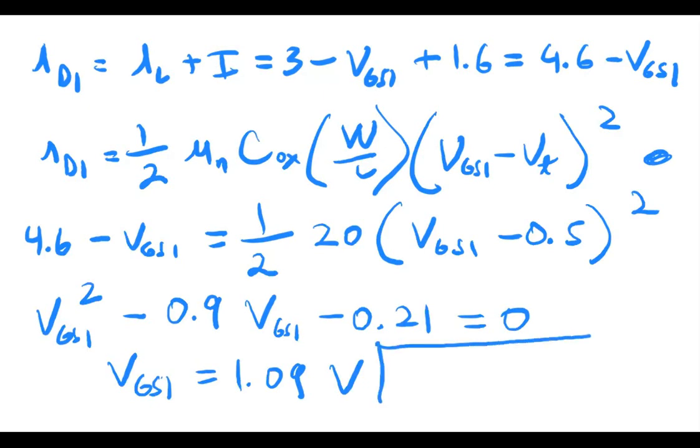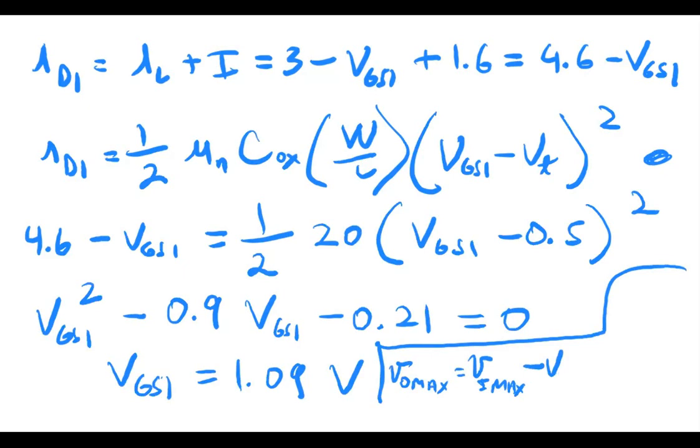So the corresponding maximum output voltage is the corresponding maximum input voltage minus that VGS1.